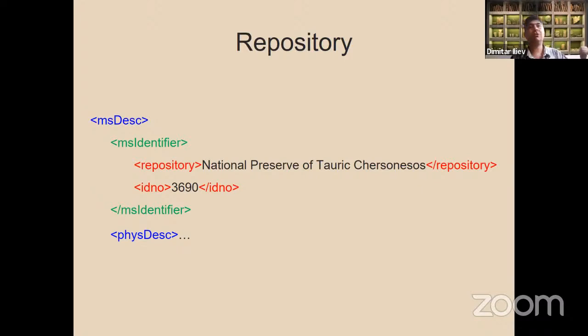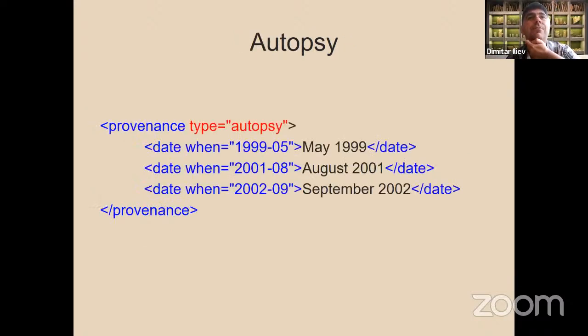You can have archaeological preserves, as in the case of Tauric Chersonesos, and different things like this. Usually, in the case of inscriptions which are found in museums, we deal with them primarily in this way. And in provenance type observed, we may indicate that this is now in the museum, but it is more useful to indicate something that is in situ or somewhere outside the museum.